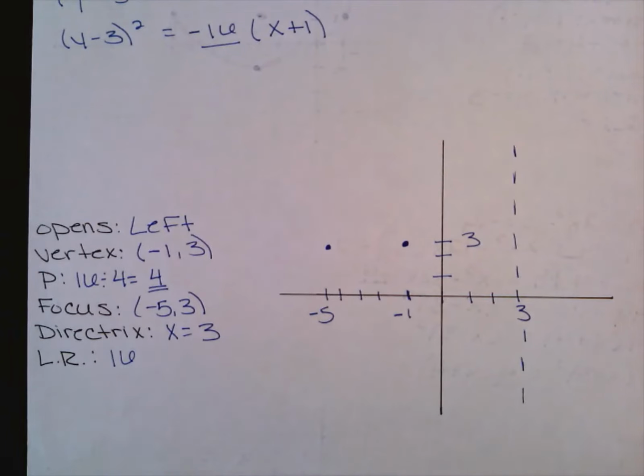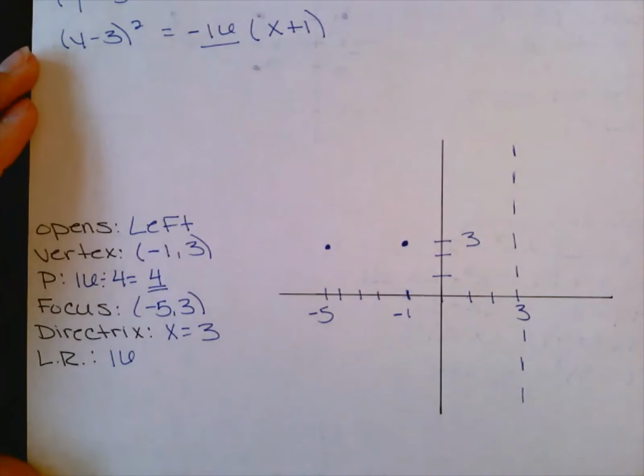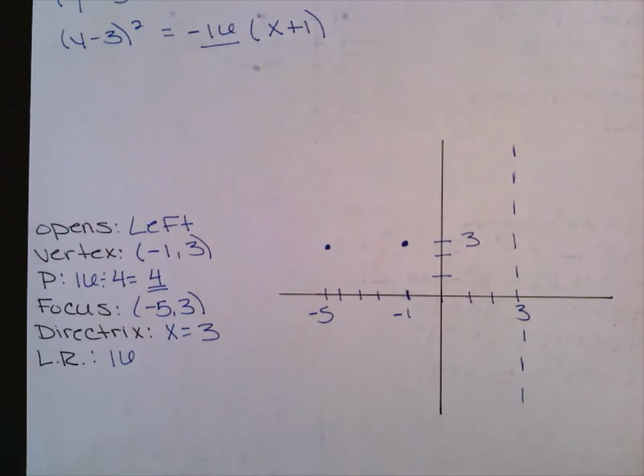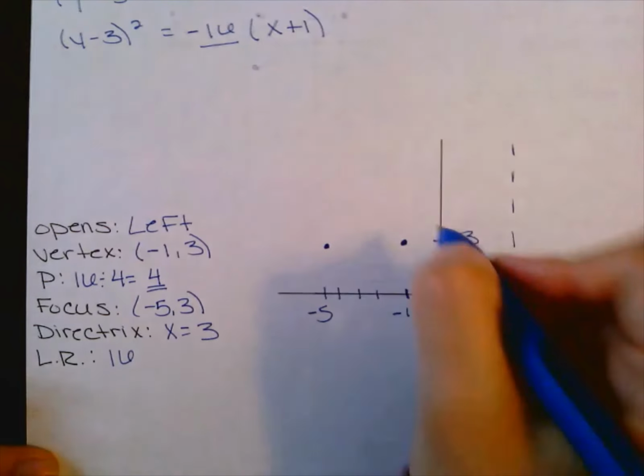Last step is my LR is 16, okay? So I need to do half of 16 up and half of 16 down. So located at this foci, I'm going to go 8 units up.